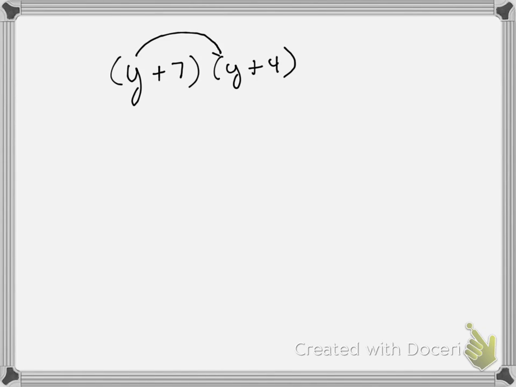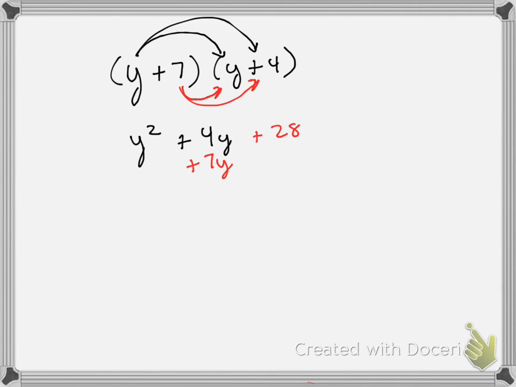So I distribute the y and I get y squared, and then I distribute again and I get plus 4y. Then I distribute the second number, which I get plus 7y, and then I get plus 28. When I simplify that, I get y squared plus 11y plus 28.